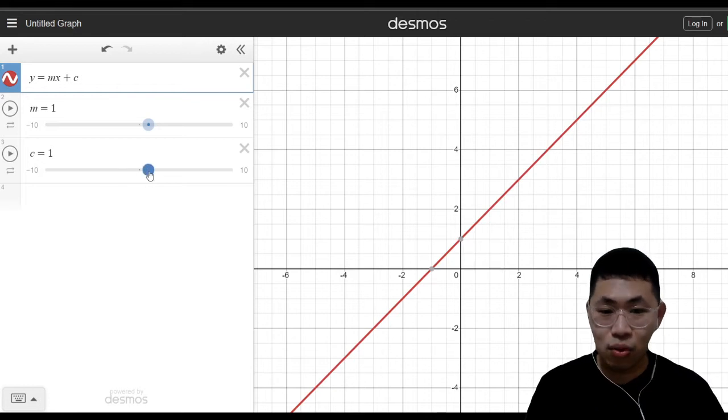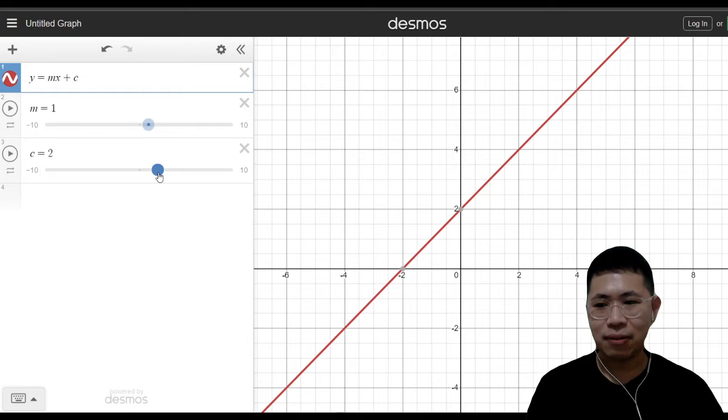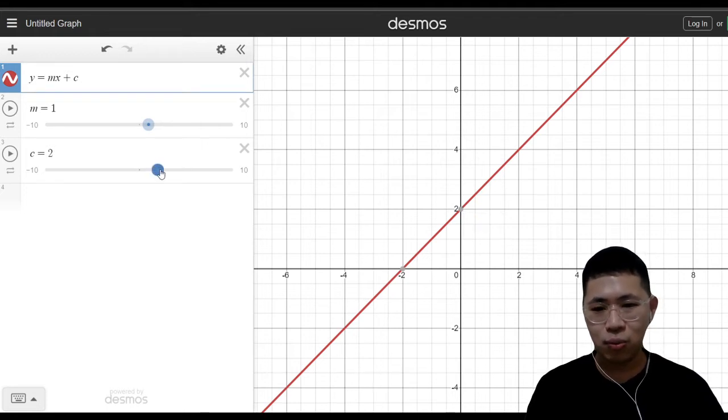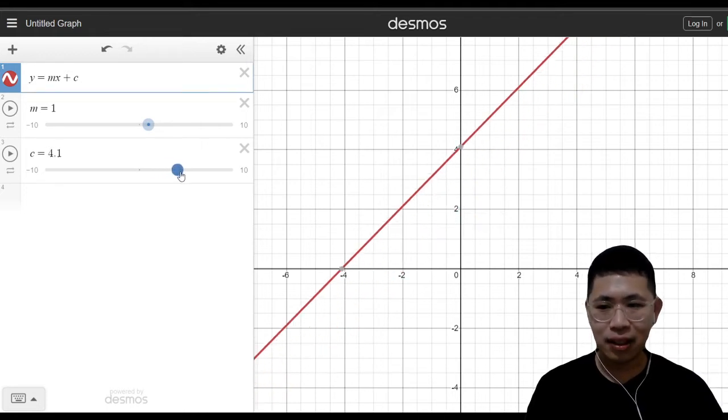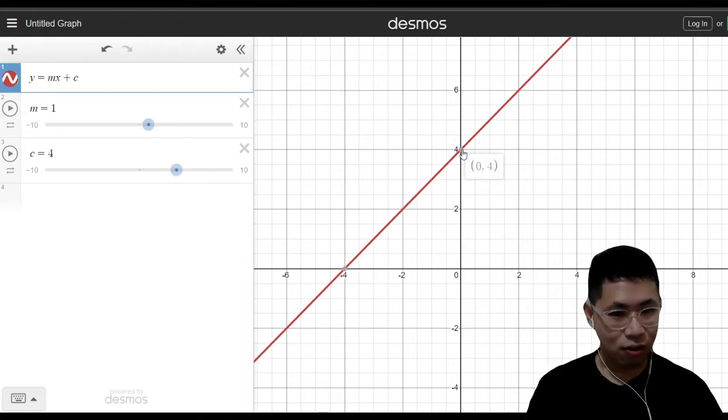So if I move this upwards, let's say my c is 2, my y coordinate is going to be at 2. If I were to move this upwards again, let's say to 4, my y coordinate is going to be 4.